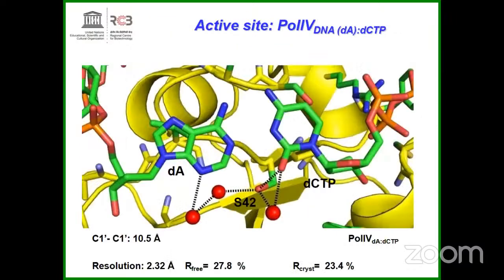So this was a structure solved where you have an AC mismatch. There is no hydrogen bonding possible between adenine and cytosine bases, unless this nitrogen is protonated. So in spite of there being no hydrogen bonds between the two, C is still able to sit opposite A in the active site because this serine can hold it there in a conformation that is compatible with enzyme activity.